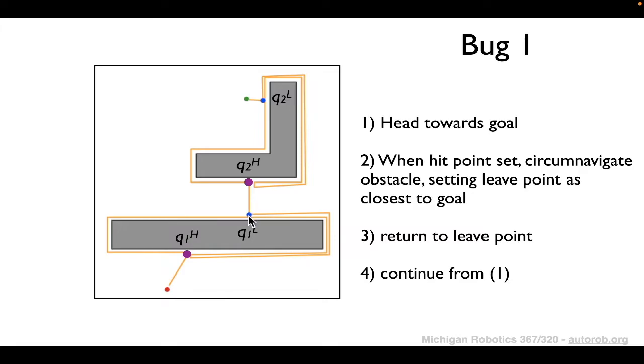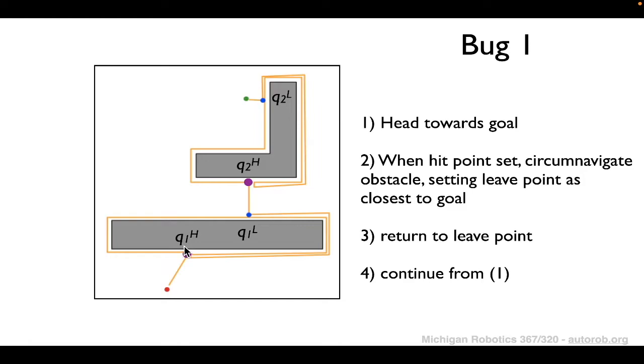In this particular case, it's going to update its leave point based on that. As it circumnavigates the obstacle, it's going to recognize that this position right here, this configuration, is closer to the goal node, which is this green point up here, than any of the others it's seen. So it'll drop the leave point here, and continue circumnavigating until it reaches back to its hit point.